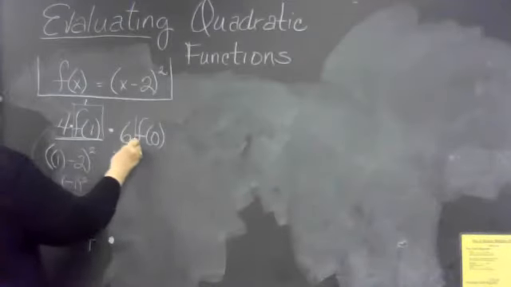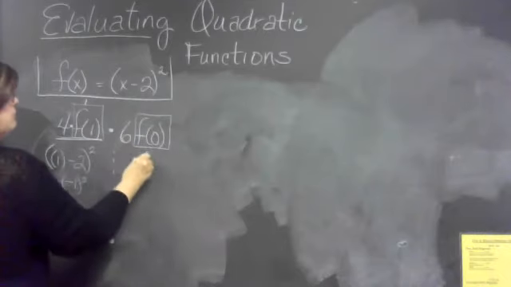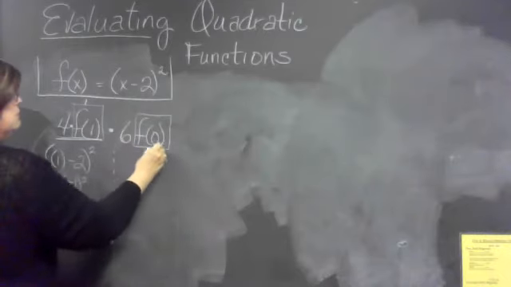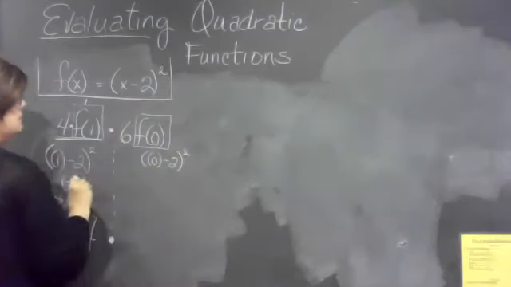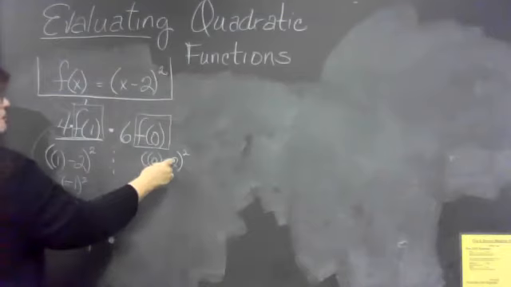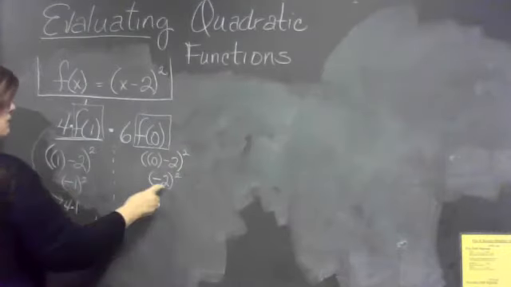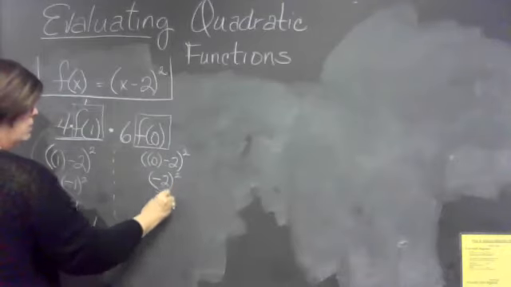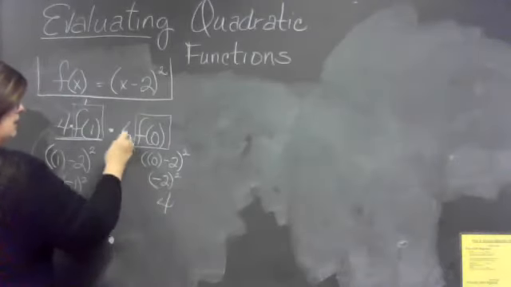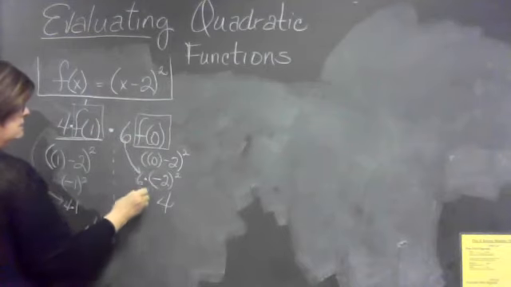I need to work the f of 0 first. So f of 0 is 0 minus 2 squared. 0 minus 2 is a negative 2 squared. A negative 2 squared is a positive 4. And then I need to remember that there's a 6 times that.